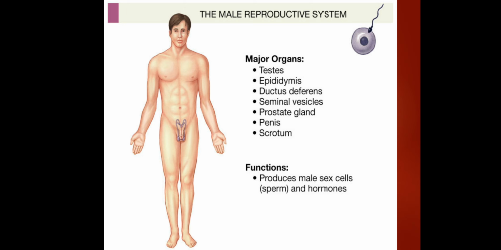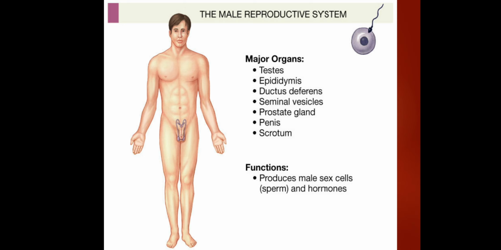Bakit merong two? Of course, there are different parts in the reproductive system pertaining to the male and female. So let's focus now on the male reproductive system. For the male reproductive system, we have the major organs: testes, epididymis, ductus deferens, seminal vesicles, prostate gland, penis, and scrotum.